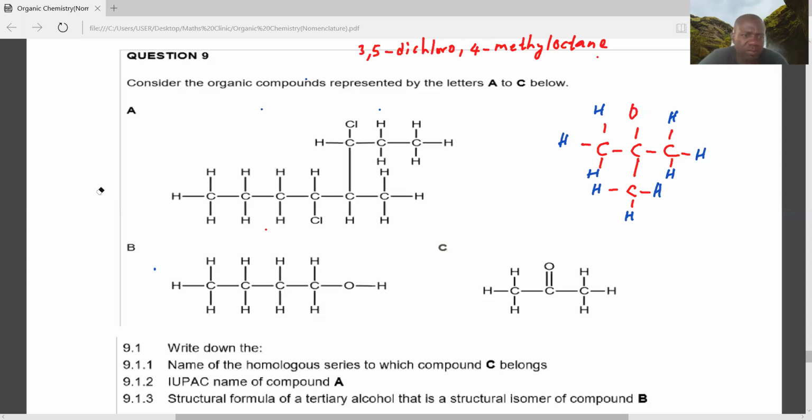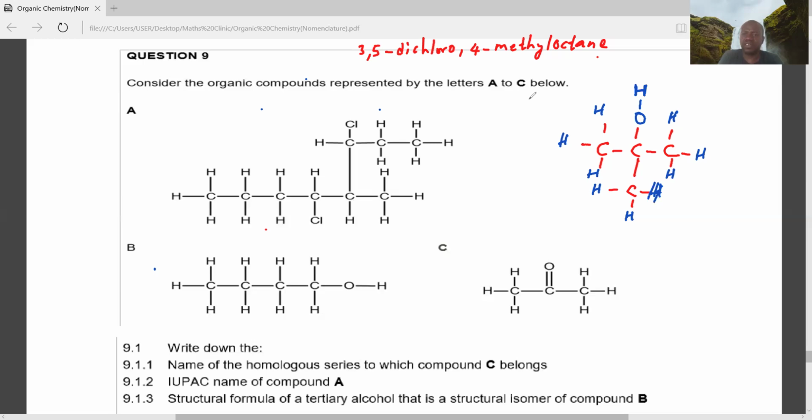Usually in the exam they cannot penalize you, but let's just do it, so this will be the O with the H. Let's count the number of hydrogens and carbons. 1, 2, 3, 4, 5, 6, 7, 8, 9, 10.